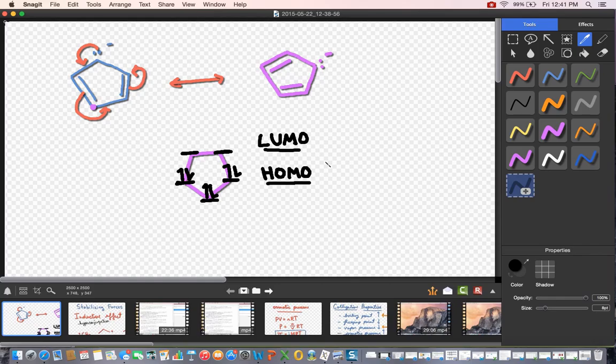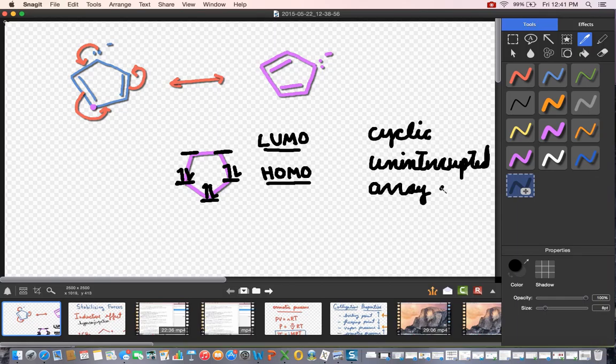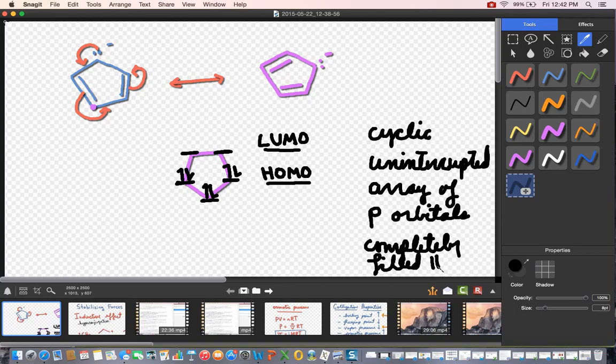A molecule is aromatic if it is 1, cyclic, 2, there is an uninterrupted array of p orbitals, and 3, I have a completely filled highest occupied molecular orbital.